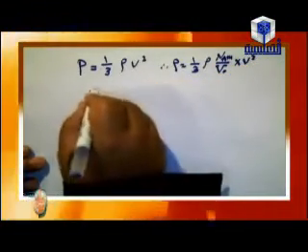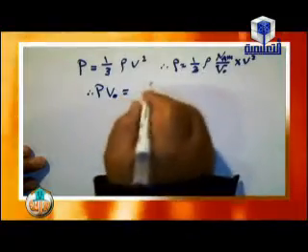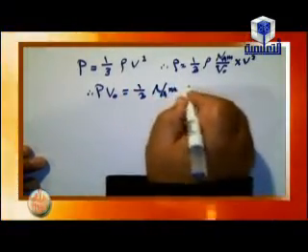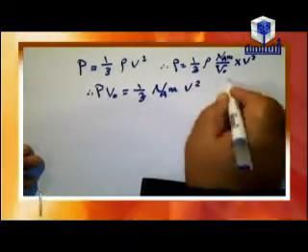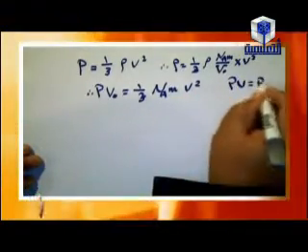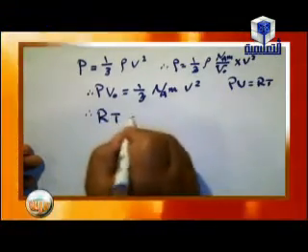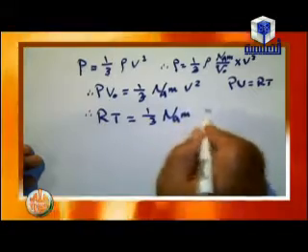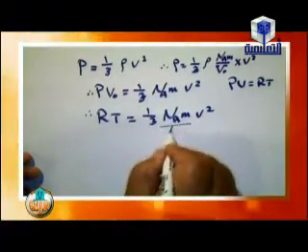Then P times volume equals 1 over 3 N A M V squared. We know that PV equals RT. Then RT equals 1 over 3 N A M V squared. We can divide it by NA.